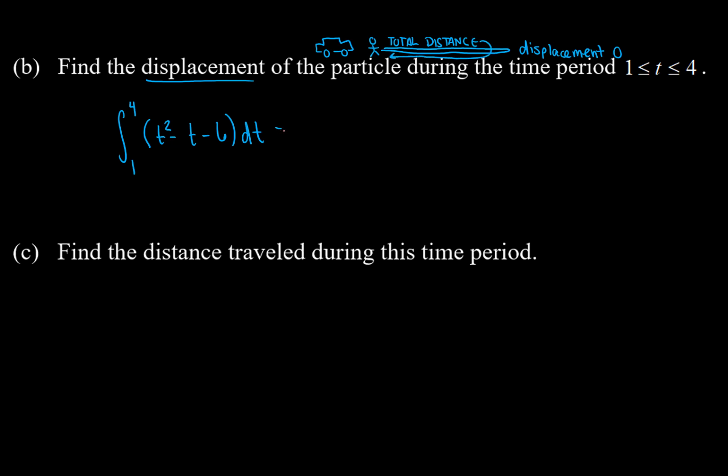Okay, so I'm going to end up with t cubed over 3 minus t squared over 2 minus 6t, and we're doing that from 1 to 4.